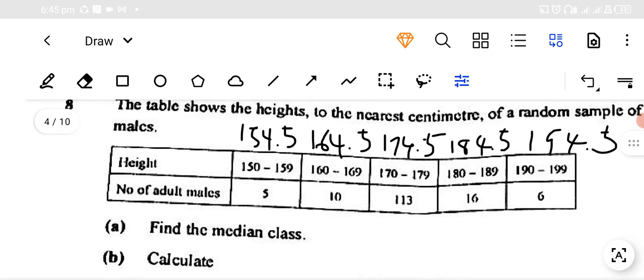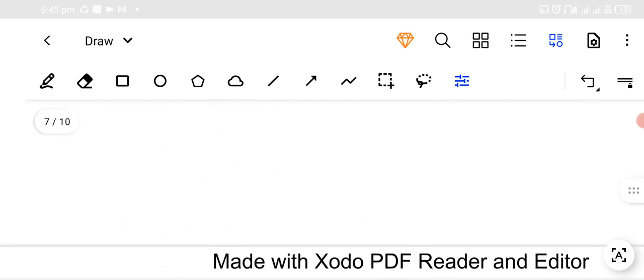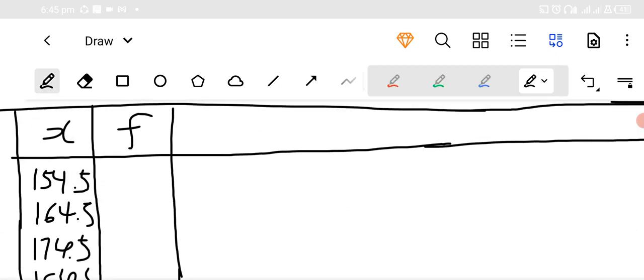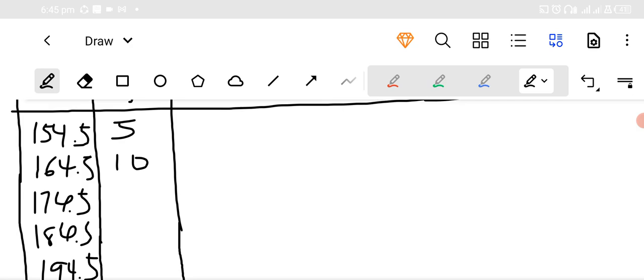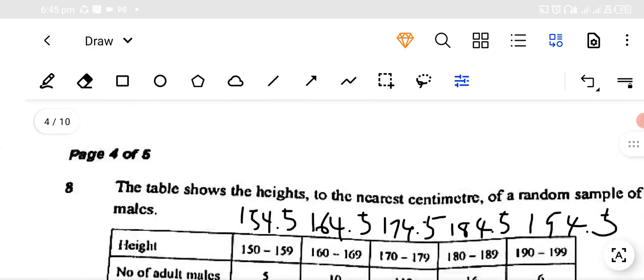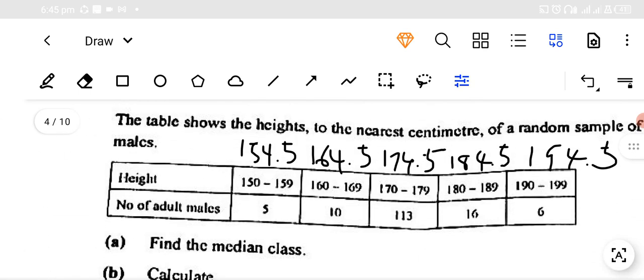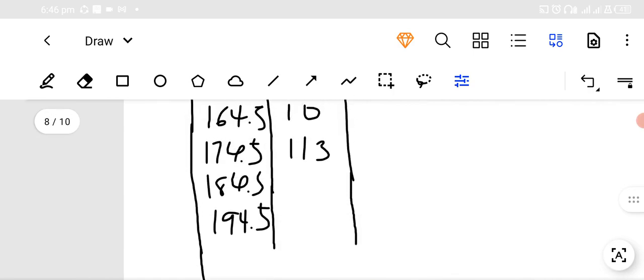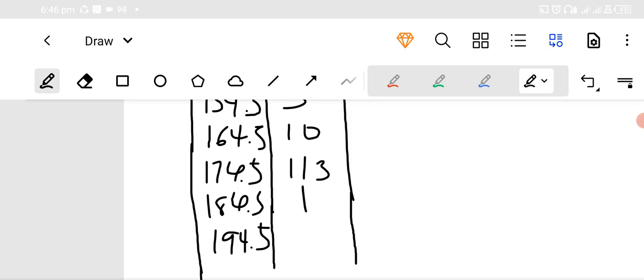So 5, 10, 113, we have a 5, a 10, a 113, and then we have 16, then we have a 6.